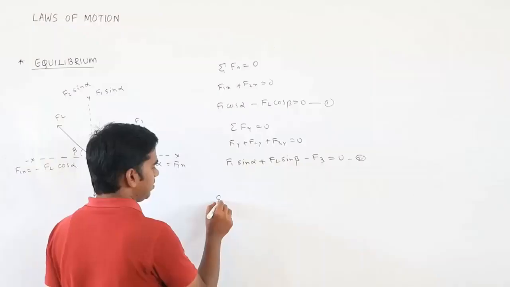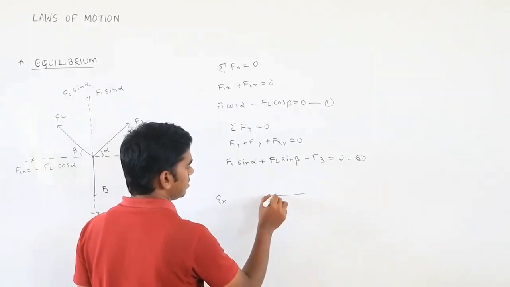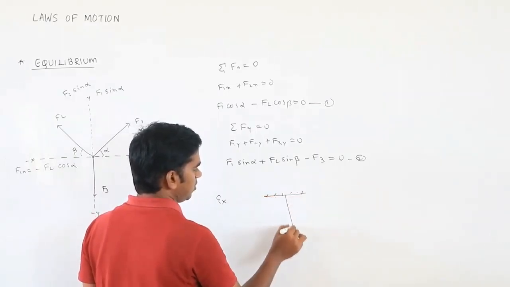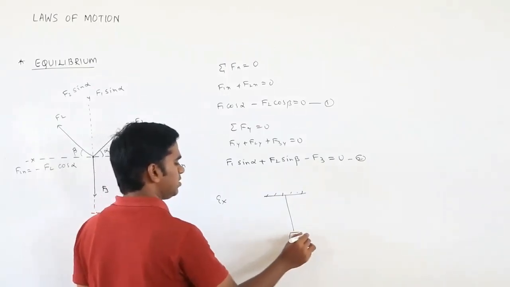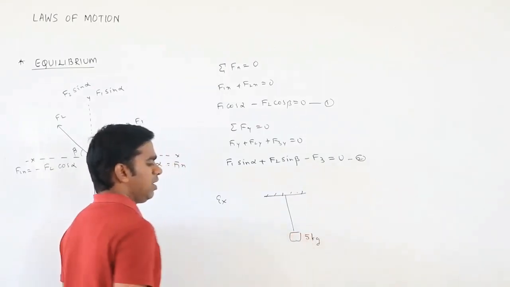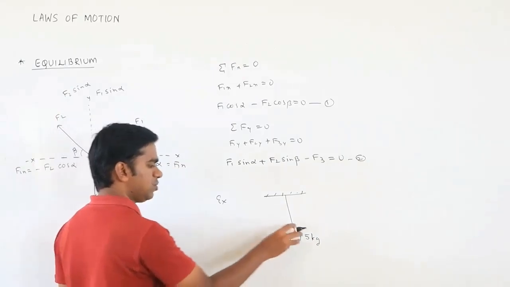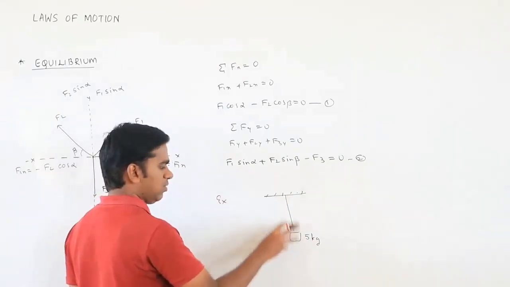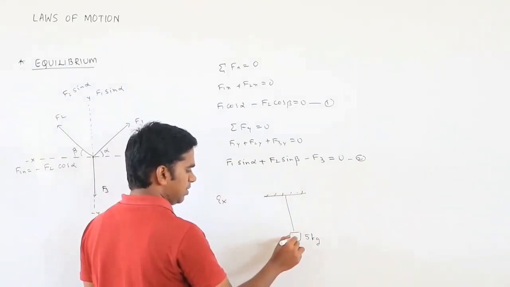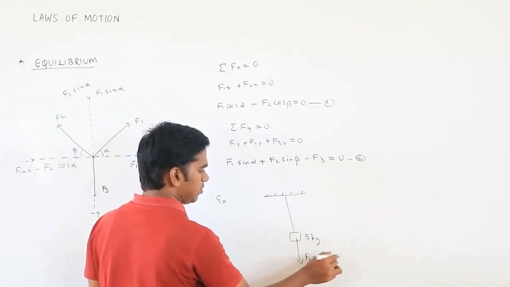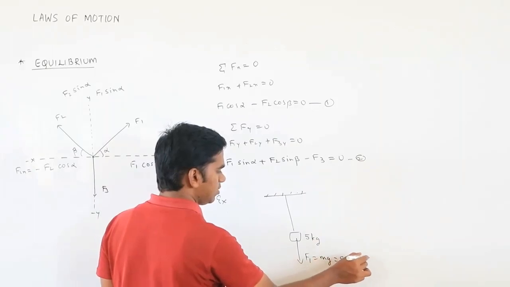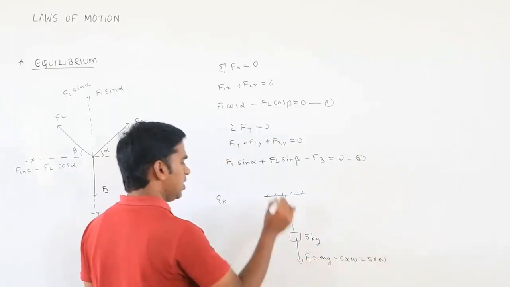Suppose there is some rigid support and there is a rope, and a mass is connected over here. Say the mass is 5 kg. Now if this is to be in equilibrium, if this should not move down or up, what is required? What is the downward force? F1 is mass times acceleration due to gravity, that is 5 into 10, that is 50 Newton downward. What is the upward force?